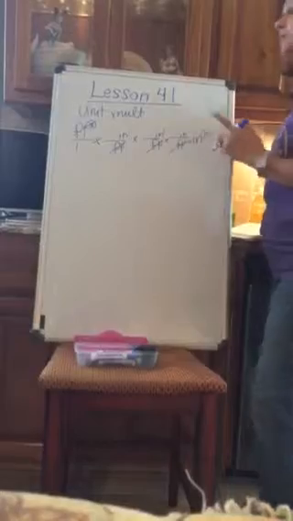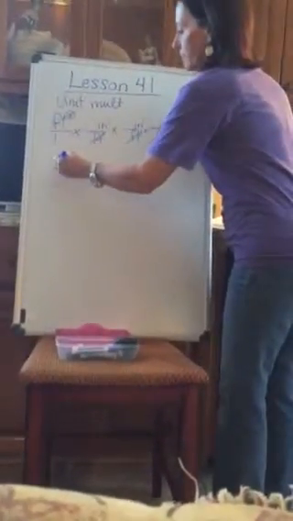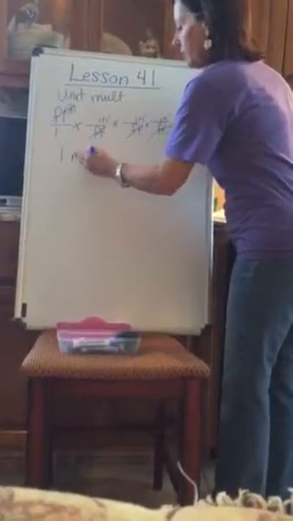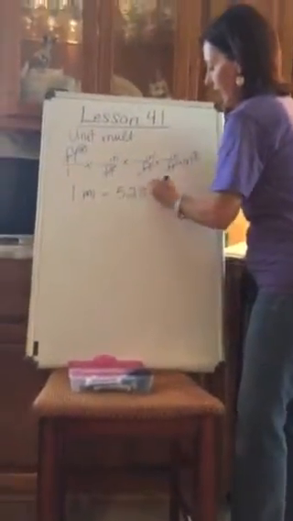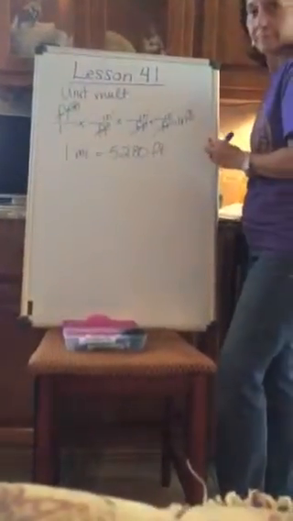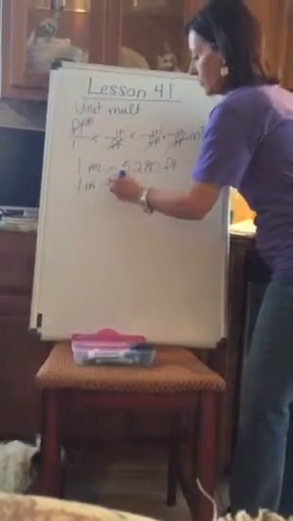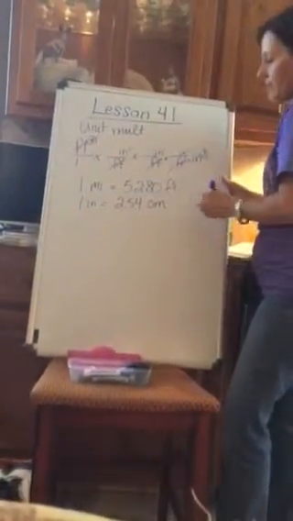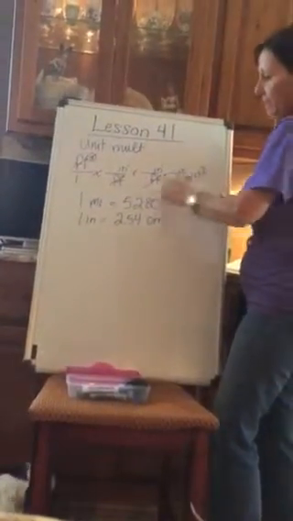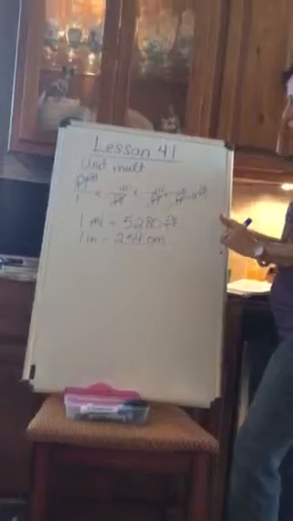All right, so a couple of multipliers that you need to remember are 1 mile equals 5,280 feet. And 1 inch equals 2.54 centimeters. That's when we're converting from meters to inches or feet, okay?